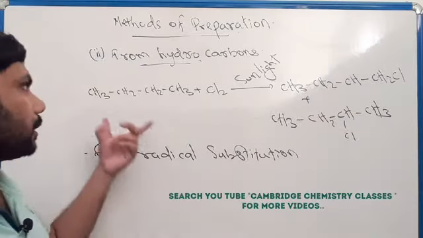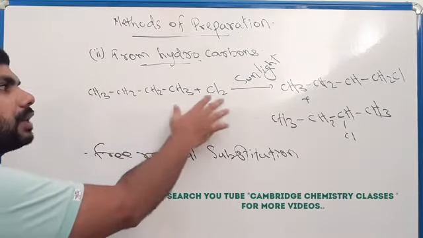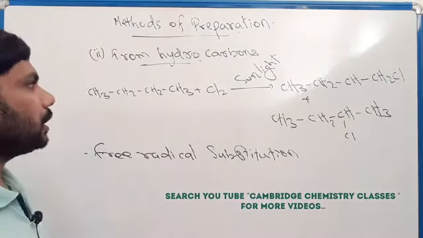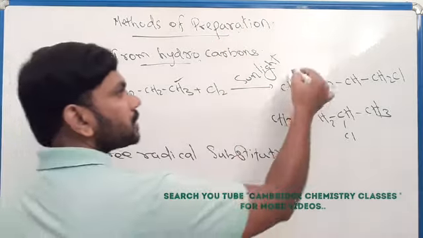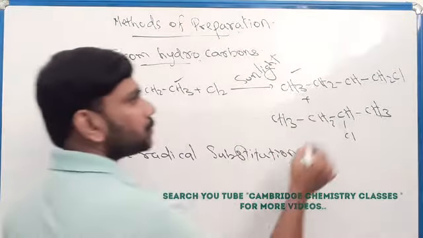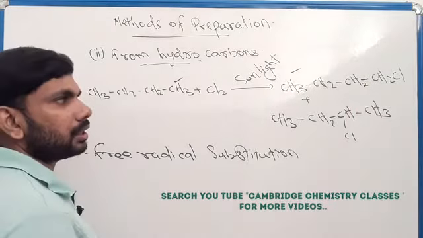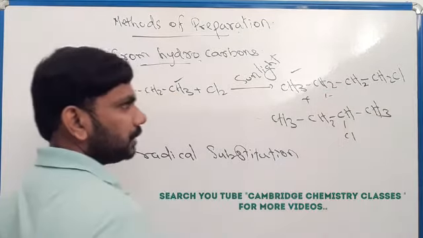Here one example, butane. Butane reacted with chlorine, a mixture of products formed. One of the hydrogens is replaced from here, then it produced CH3, CH2, CH2, CH2Cl. This is 1-chlorobutane.